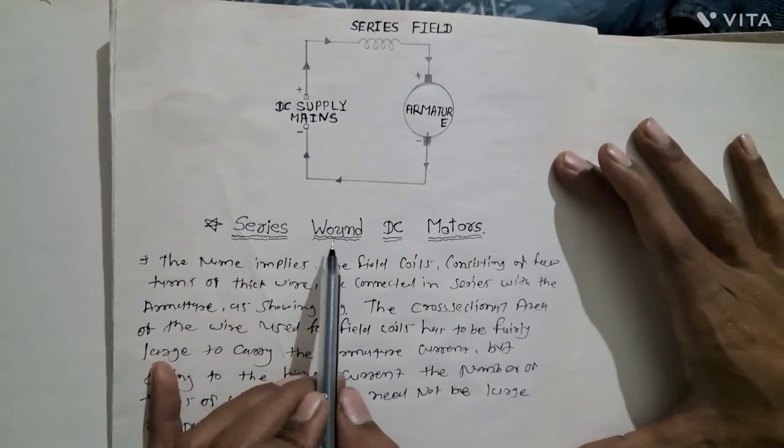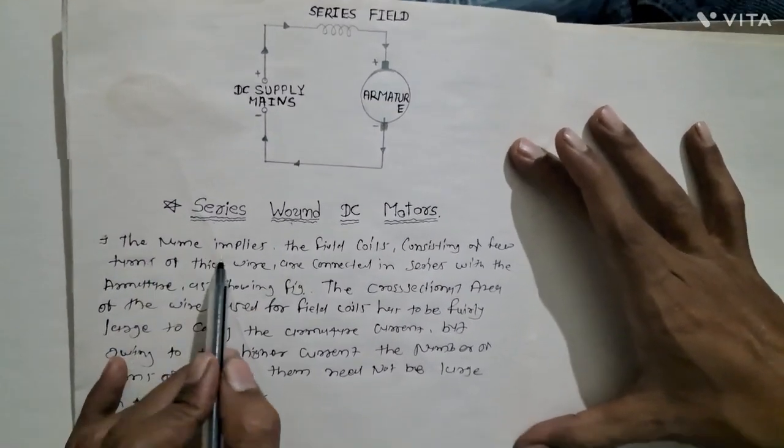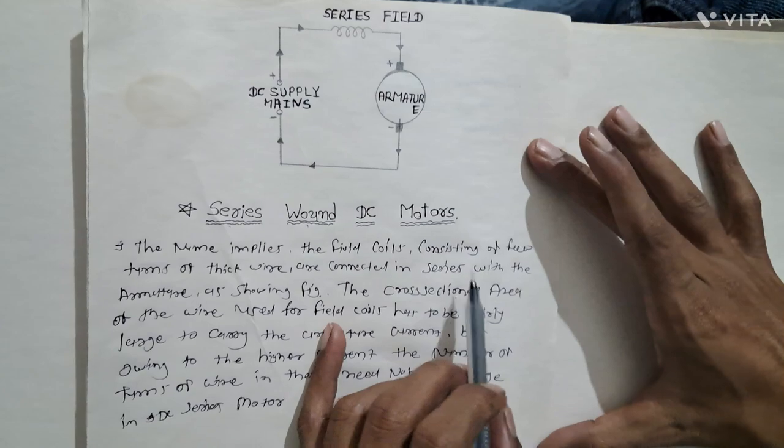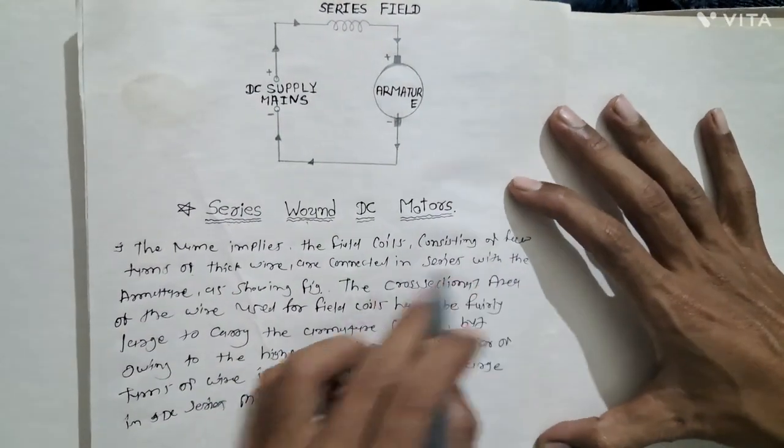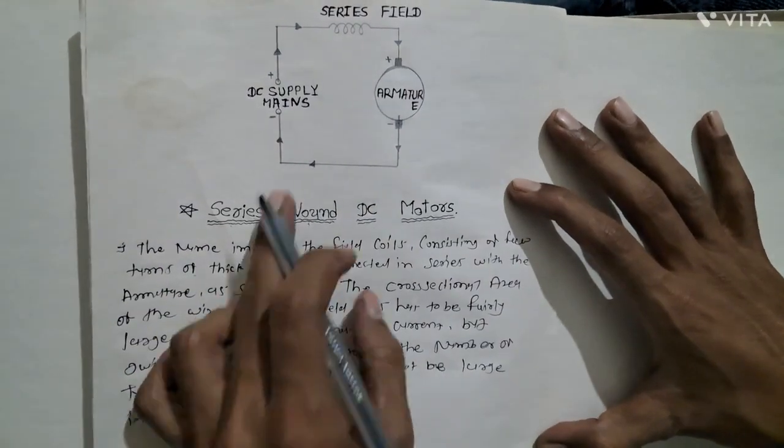So in the series wound DC motor, as the name implies, the field coils consisting of few turns of thick wire are connected in series with the armature, as shown in the figure.